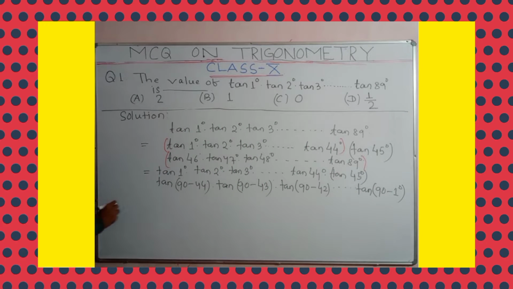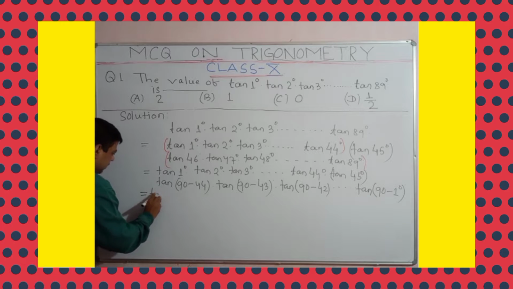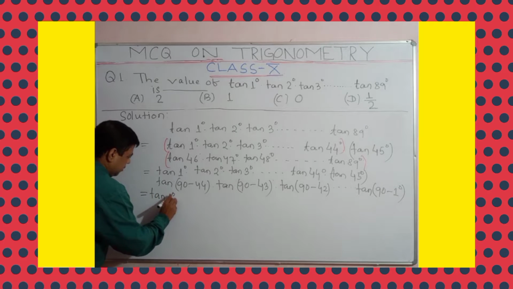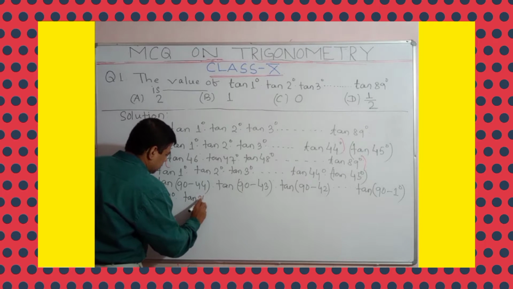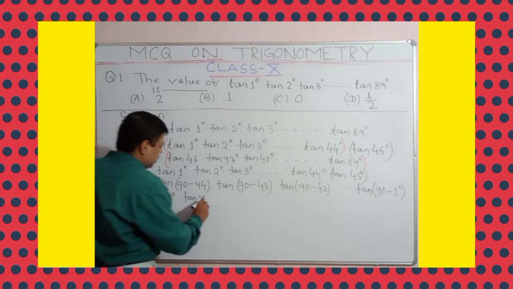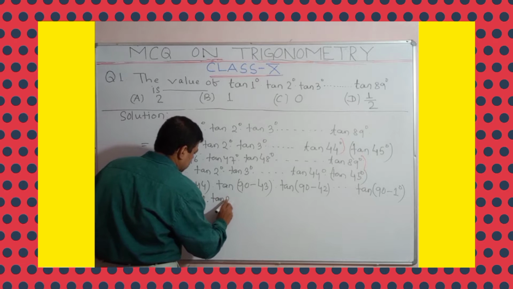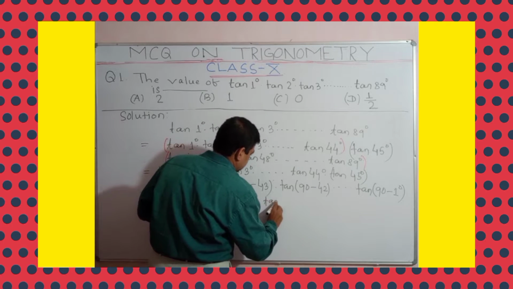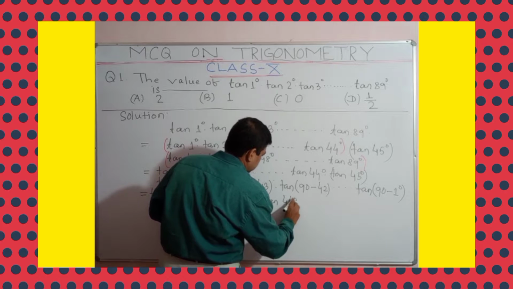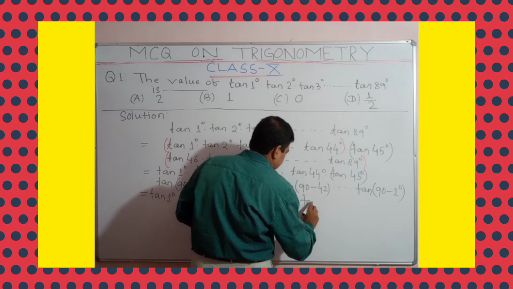Okay, so tan 1 degree, tan 2 degree, tan 3 degree up to tan 44 degree into tan 45 degree.